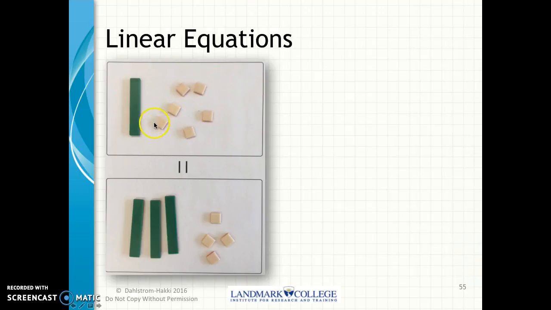So on this side of the board, I have one unknown variable and 6. And on this side, I have three x's. These are all the same variable, plus 4. So the question is, what's x?